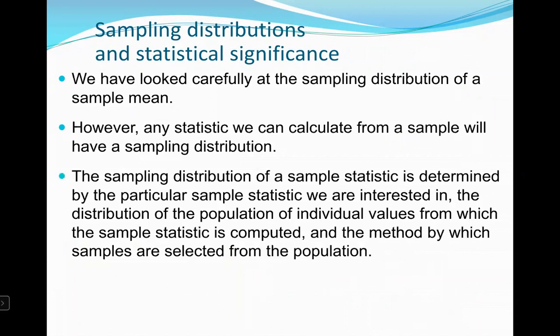The sampling distribution of a sample statistic is determined by the particular sample statistic we are interested in, the distribution of the population of individual values from which the sample statistic is computed, and the method by which samples are selected from the population.